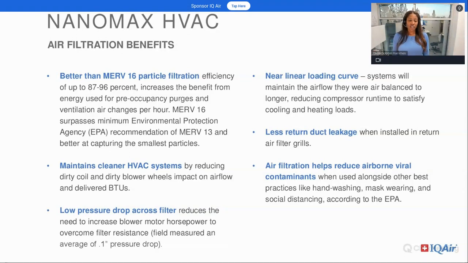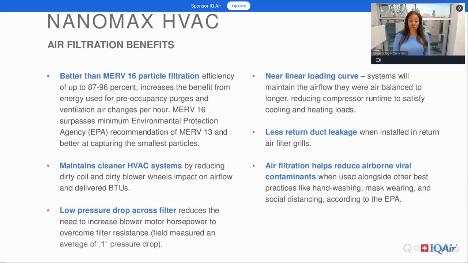These filters have a high surface area, and they are about $100 to $150 per filter. They generally last about 1 year, so it really helps to get these filters installed within your HVAC system if you have access to it.